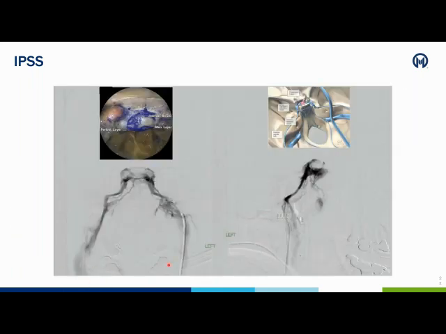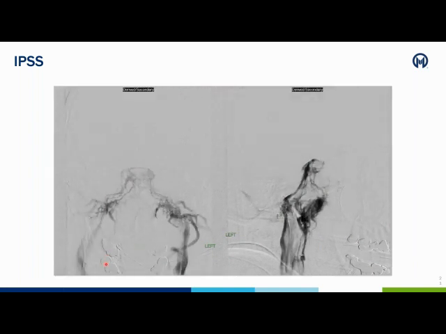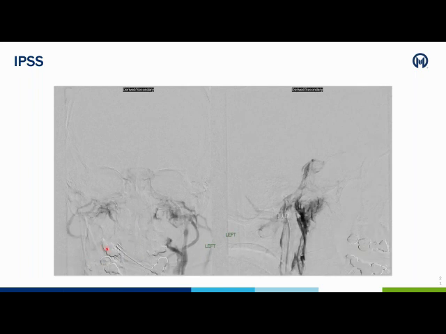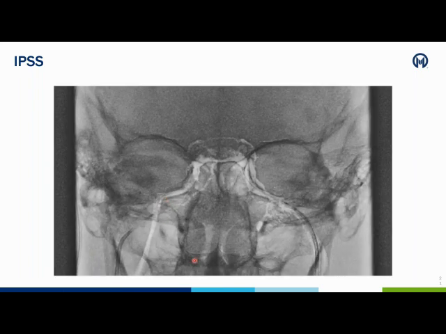This is a short video that shows you what happens with the technique when we perform the inferior petrosal sinus sampling. So this is basically we're running the contrast from one way to the other.